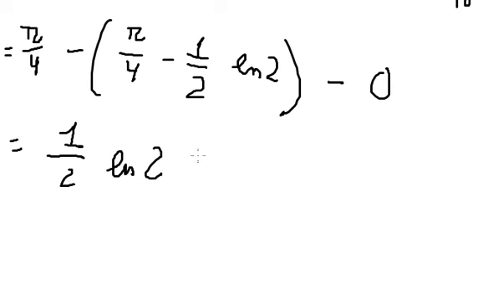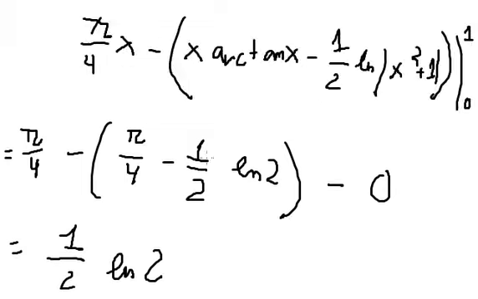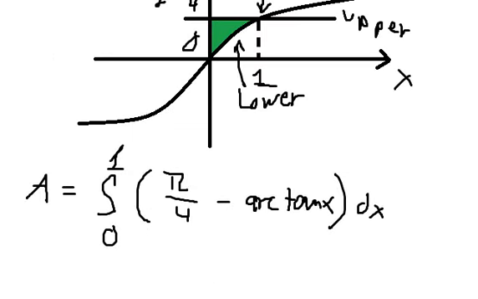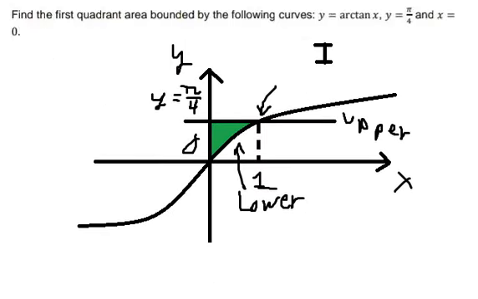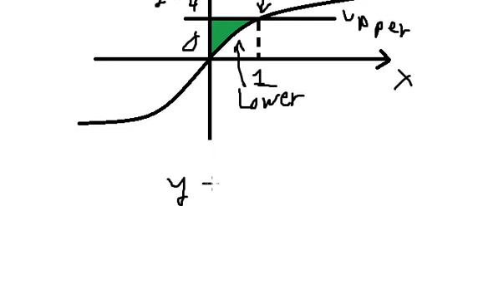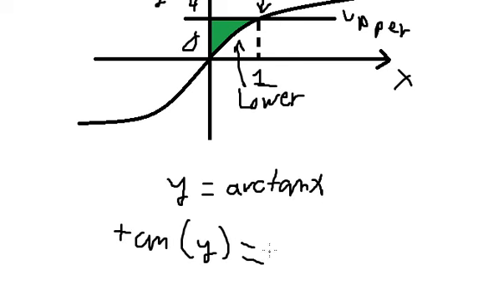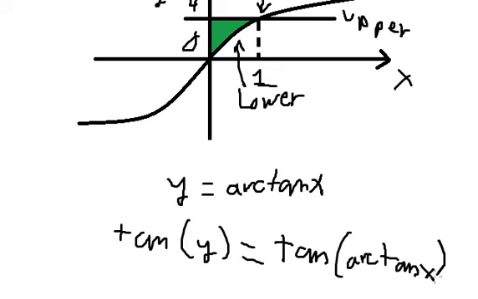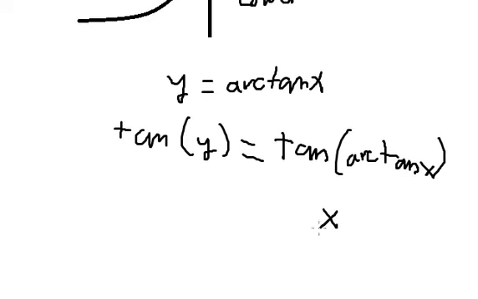We know that this is one way to calculate. Now I will go to the second way. In the second way, we have y equal to arctan of x. Now we take tan on both sides. This one you get x, and this one we have tan of y.